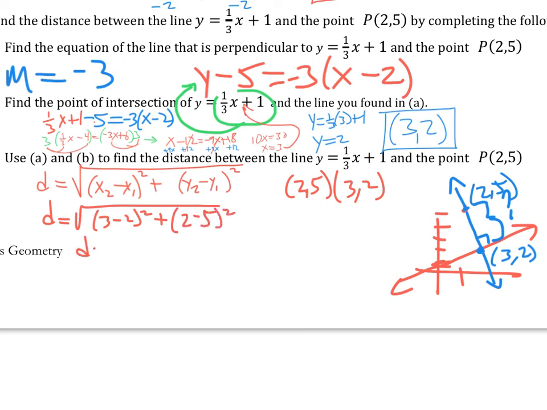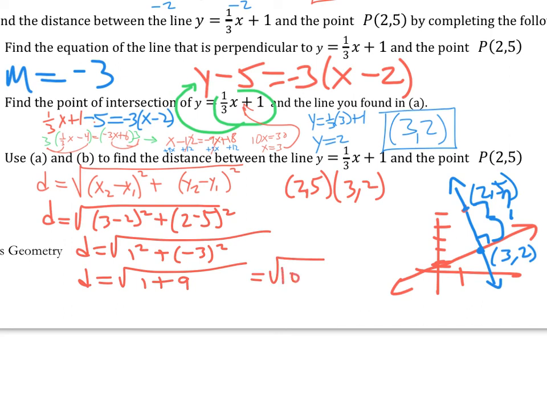Okay, and so that gives us 1 squared plus -3 squared, which is 1 plus 9, which is the square root of 10. And the square root of 10 would be the exact answer. If we wanted a decimal, we can go to our calculator and get that. And that is approximately 3.16.